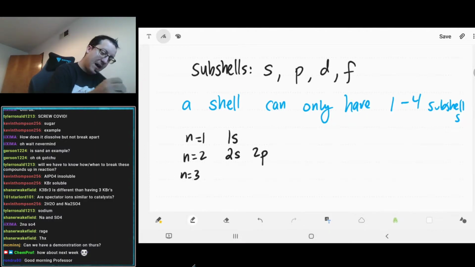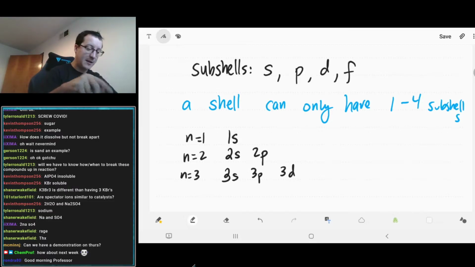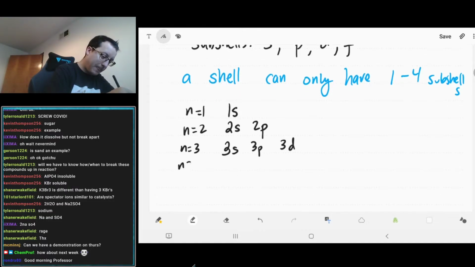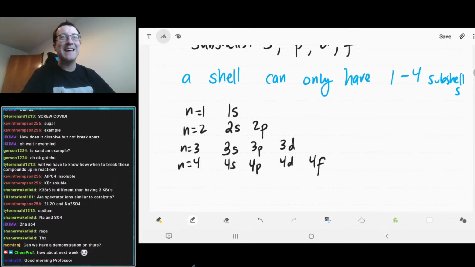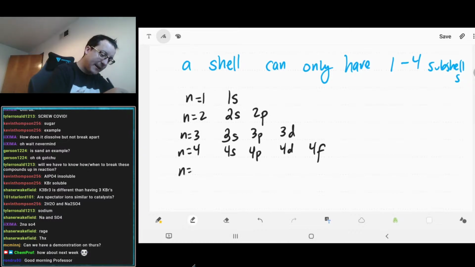And as we keep adding more shells, we're going to keep adding more and more subshells. And so we're going to see here 4s, 4p, 4d, 4f. They always come in that order, s, p, d, f. And so understanding that even if we have more shells, we don't ever go above 4. So we don't have anything beyond the f subshell.